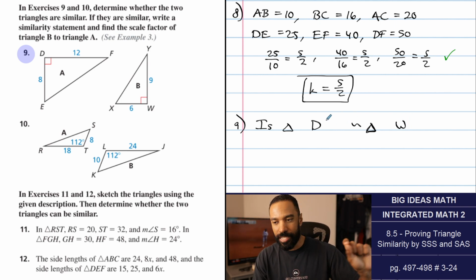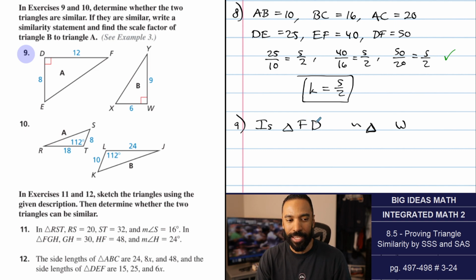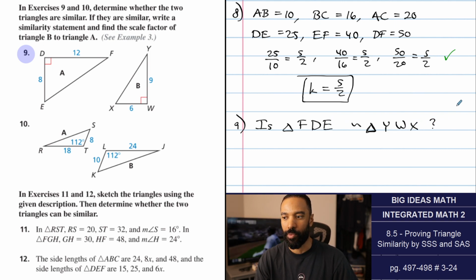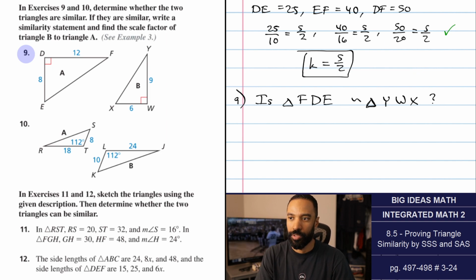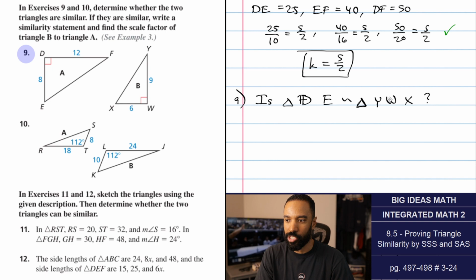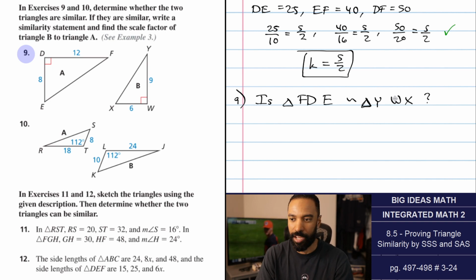Let's do F to D as the longer known side, and therefore Y to W as the longer known side on triangle B, and then D to E here, which means this is W to X right there. Here's the question: are those two similar in that way?